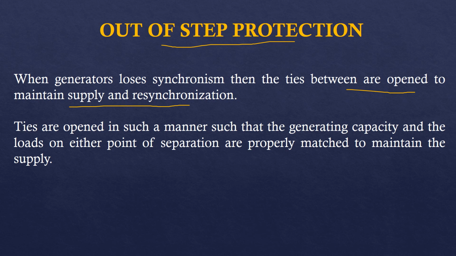Now, these ties must be opened in such a manner that the generating capacity and the loads on either side of the separation are matched properly for maintaining the supply.